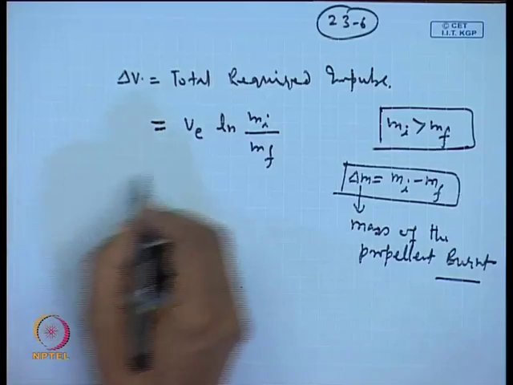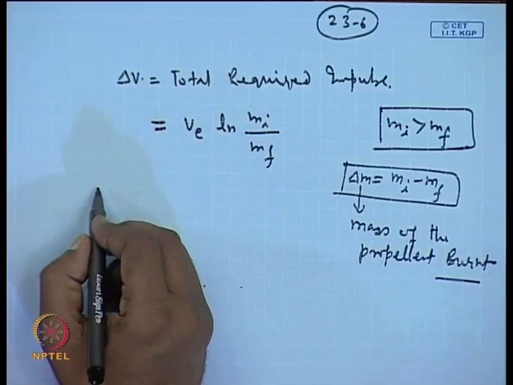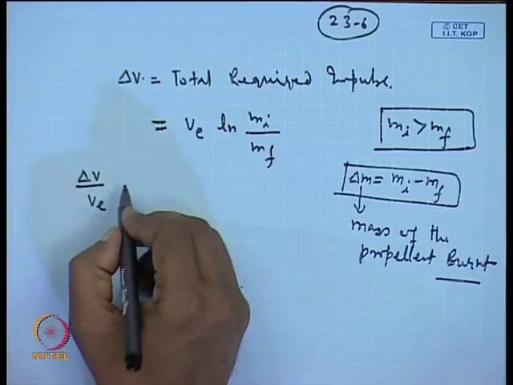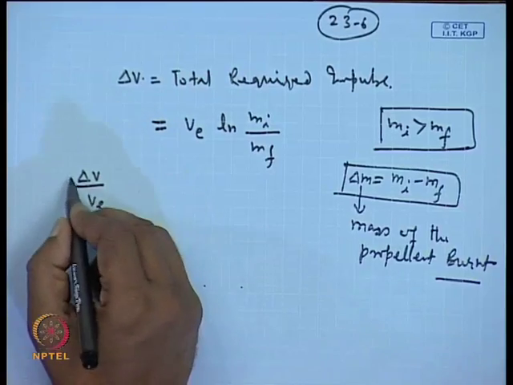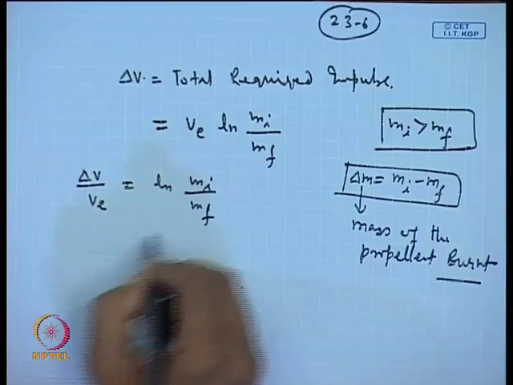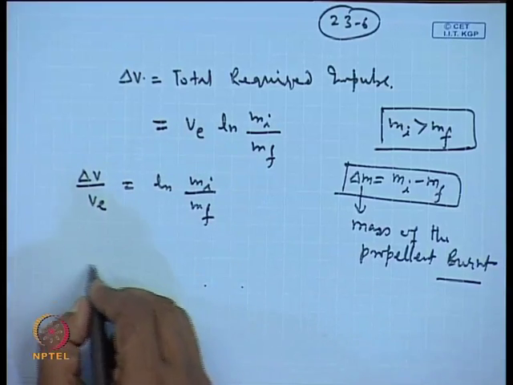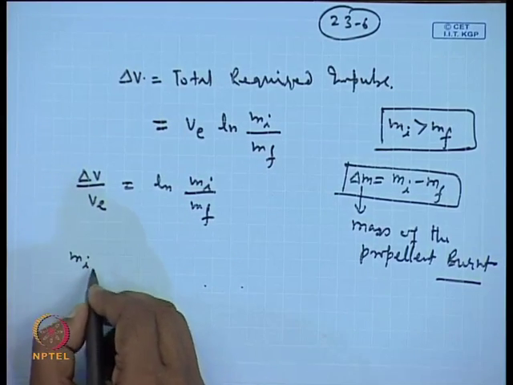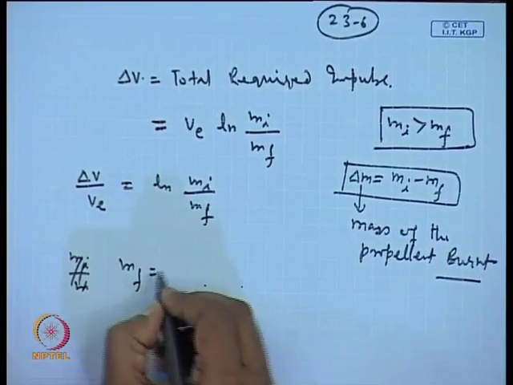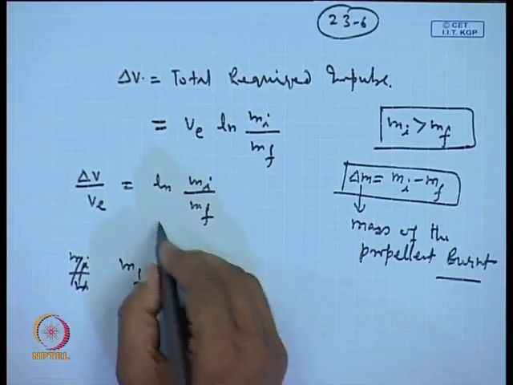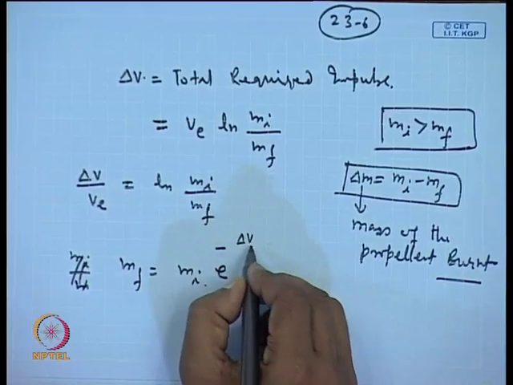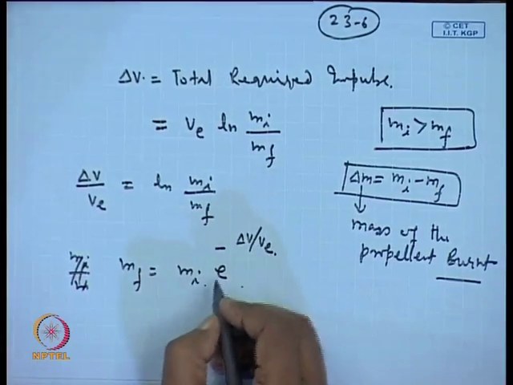Okay. So, from here you can calculate how much this m_f will be. So, delta v by v_e becomes equal to ln m_I by m_f. The same thing we can write as m_f equals m_I times e to the power minus delta v by v_e.